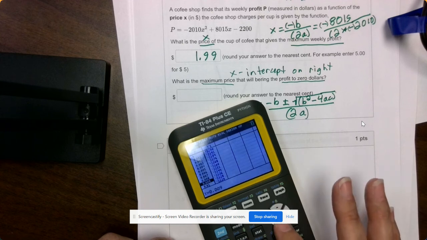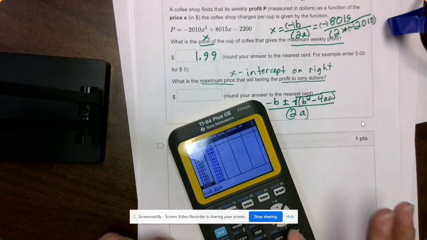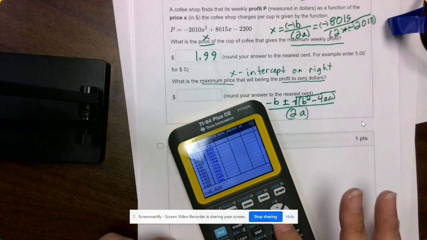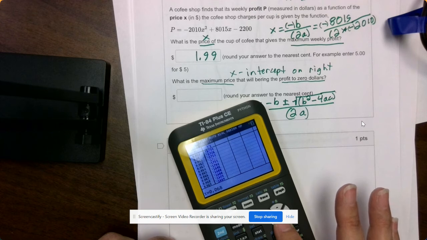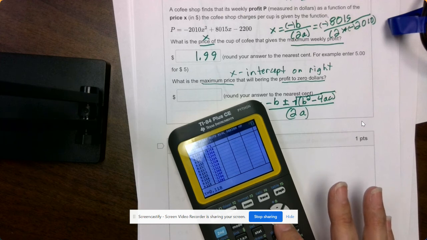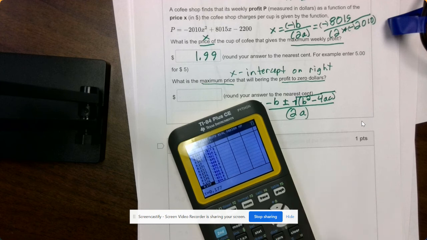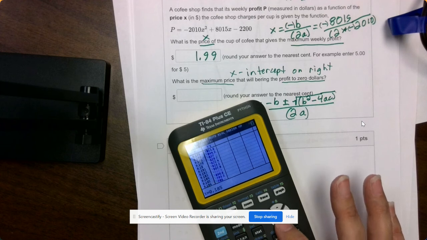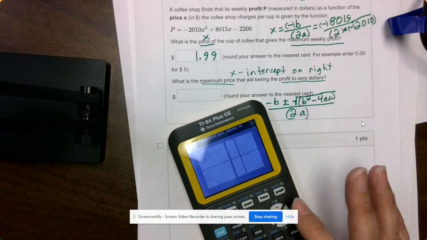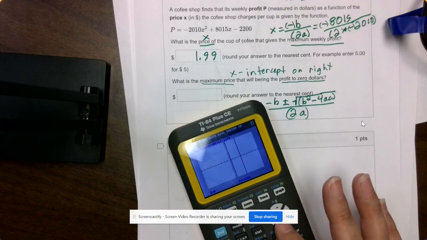Yes, it's going to take us a long time to go up. But we want to get to where x is 0. You can also use the trace feature, everybody, to trace it.